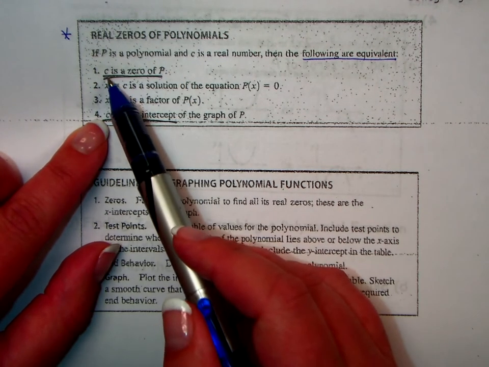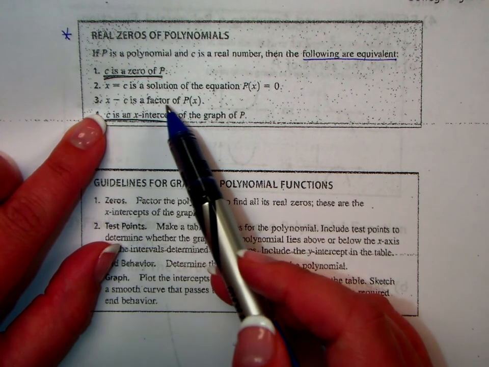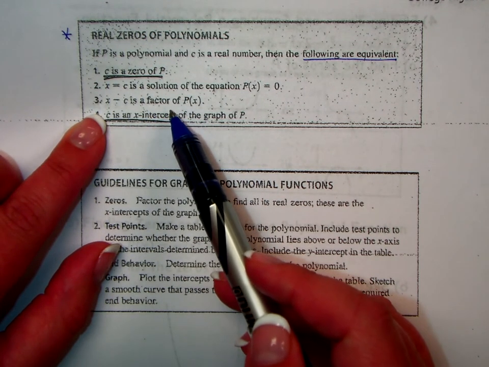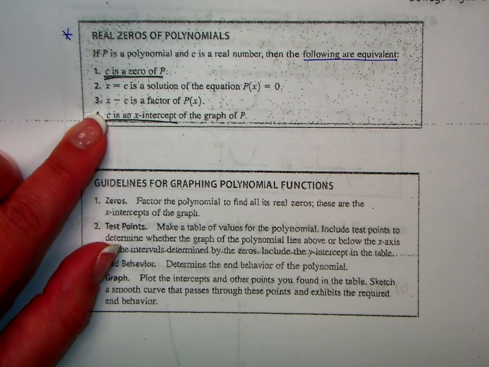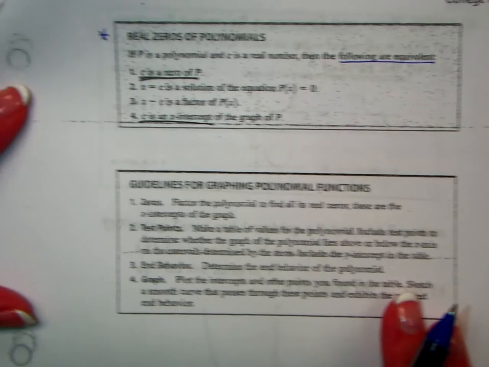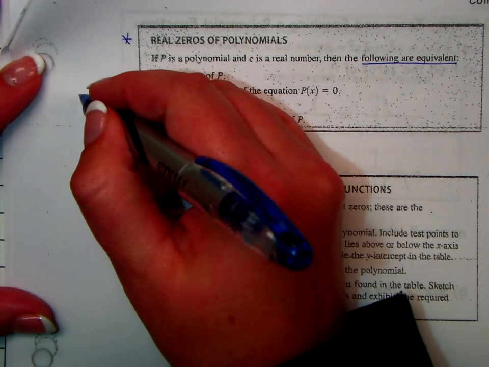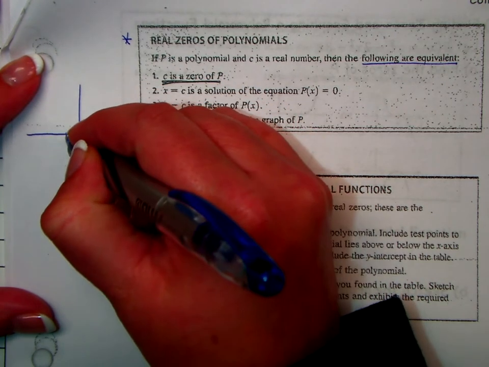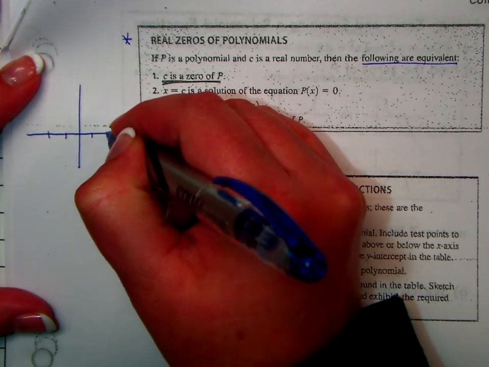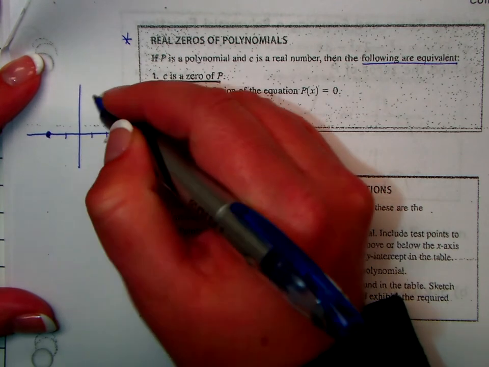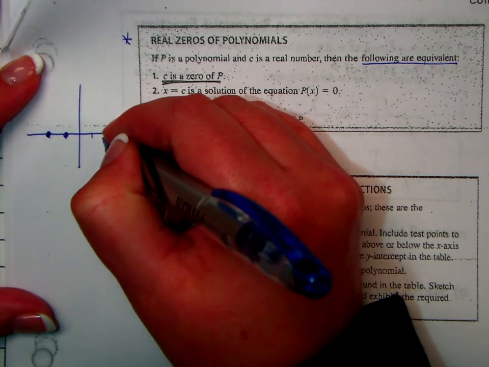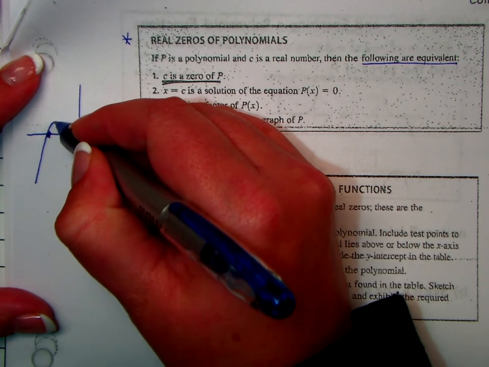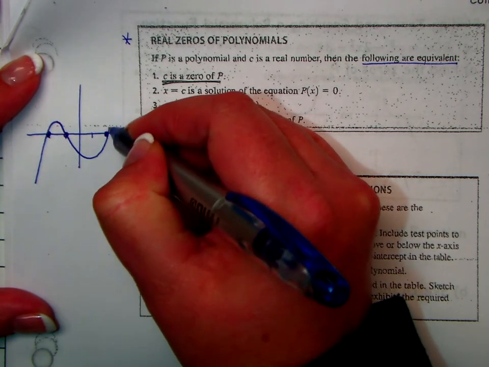Now if C is a 0, here's number 3. We're going to use this a lot. Okay, then x minus C is a factor, right? So if I were to look at a graph, let's just say we had an intercept at -2, at -1, and at 2.